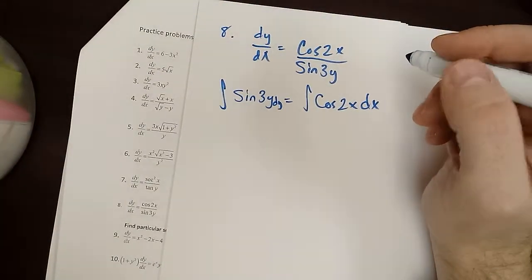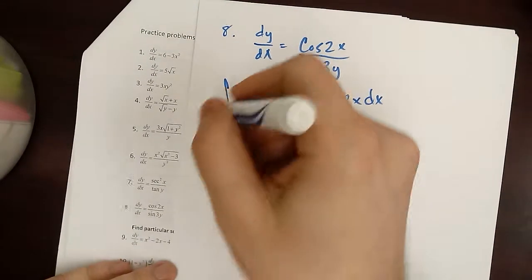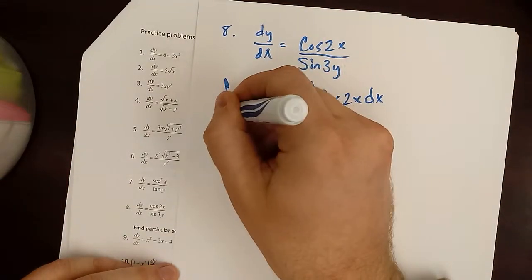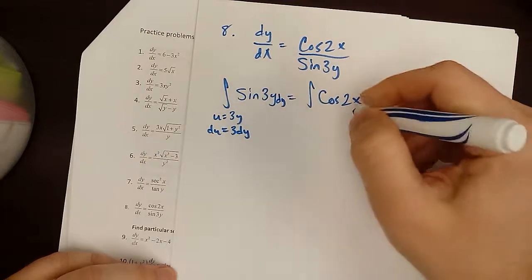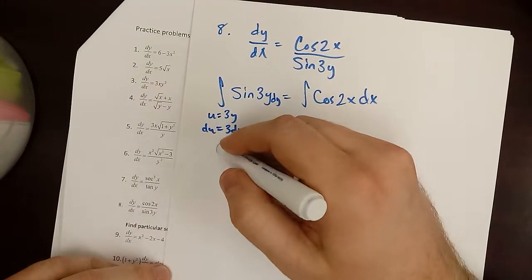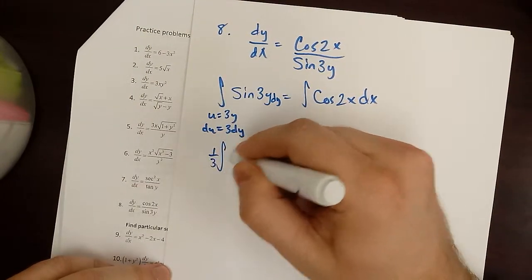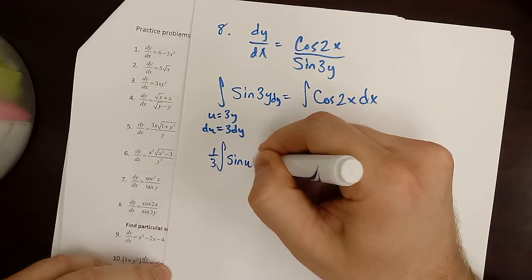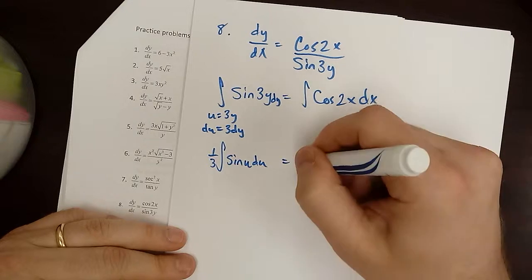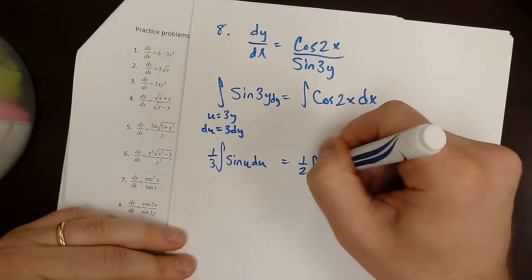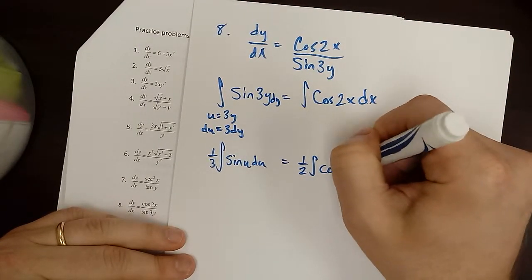All right. So let's set the u in this one equal to 3y. So du is equal to 3 dy. So basically, it's just going to be 1/3 sine u du. And if you can kind of see that logic, this one's going to follow the same thing. We're going to have 1/2 integral cosine u du.